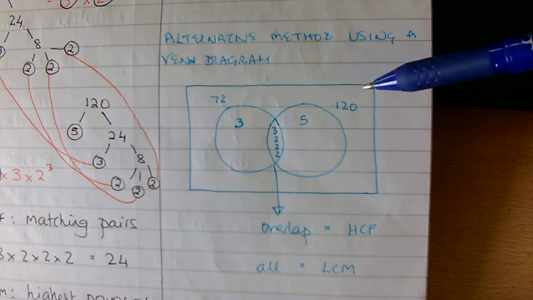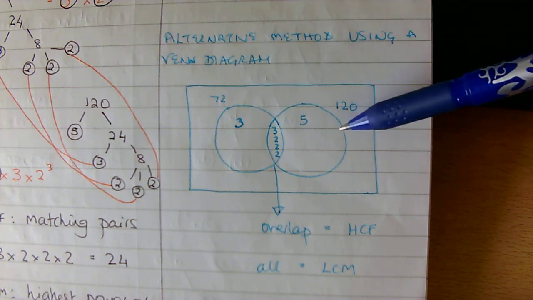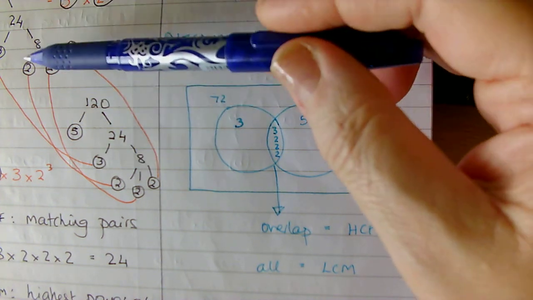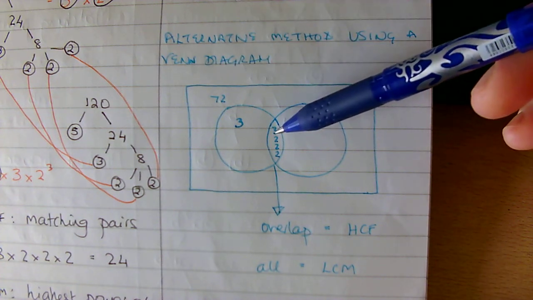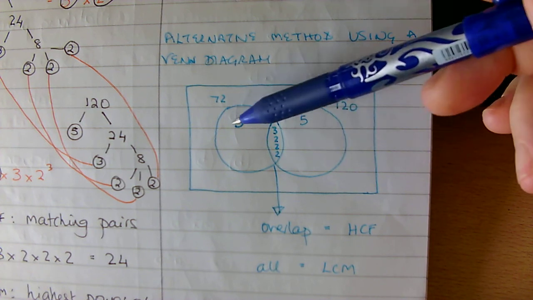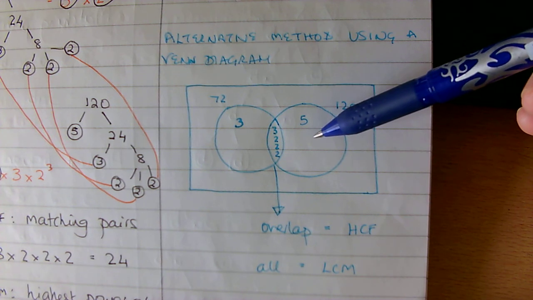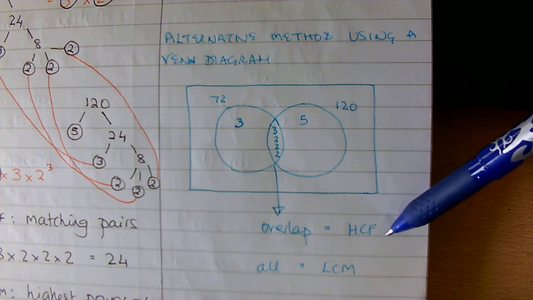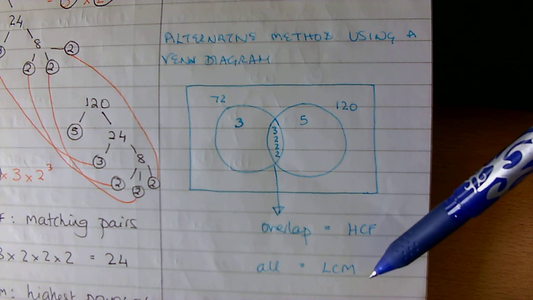Okay, so we have the universal set in the rectangle, we have the two numbers represented by a circle each, and once we've separated out the prime factors as in the previous method, we place any matching pairs in the centre in the overlap, and anything else goes in its appropriate circle. And then the multiplication of the numbers in the overlap gives us the highest common factor, and the multiplication of all the numbers gives us the lowest common multiple.